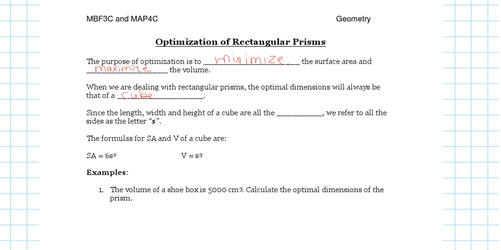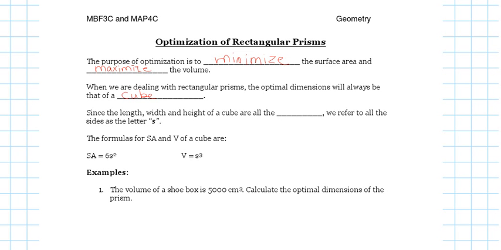Now let's look at the formula. So let's look at the surface area of a rectangular prism. Get your formula sheets out so you have them. If you don't have them, come grab one. You can share it with other people. In your formula sheet, we don't have the volume or the surface area of a cube, correct?